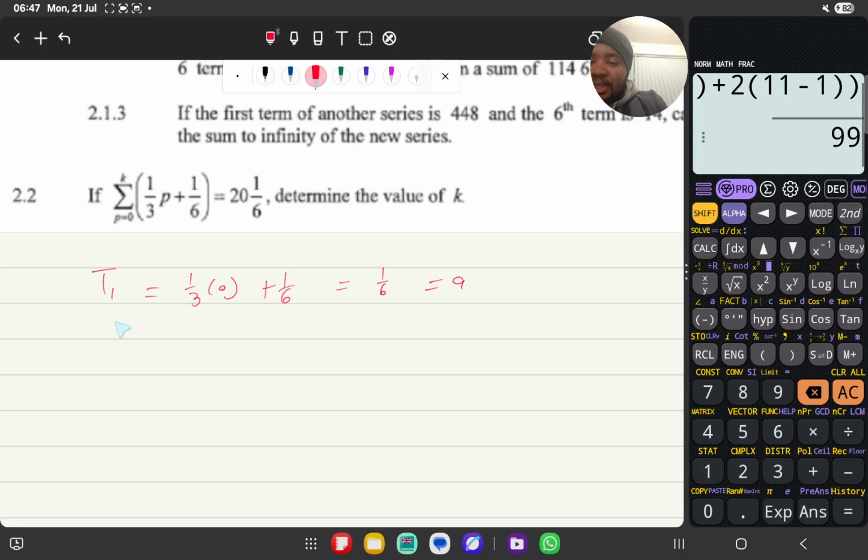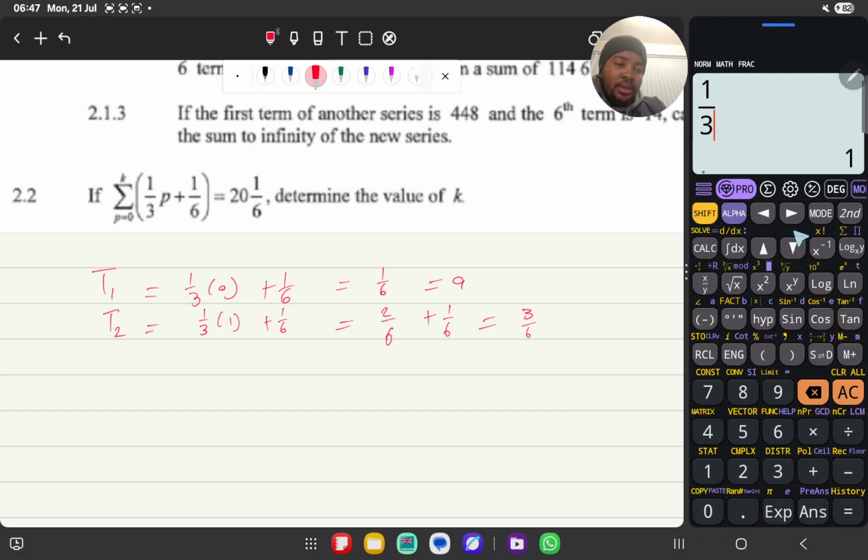Yeah, well, then the second term, t2, that will be 1 over 3. We started from 0, we go to 1 over 6, right? So that's 1 over 3 plus 1 over 6. 1 over 3, we can write it also as 2 over 6, right? And then here you have how much? 3 over 6. Let me just see. 1 over 3 plus 1 over 6. Yes.